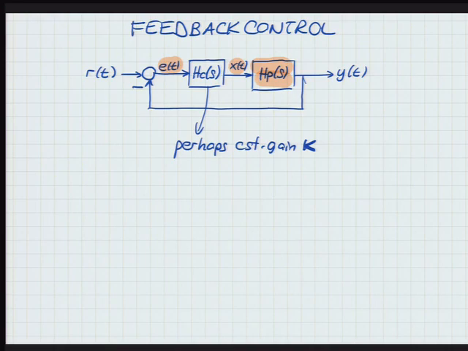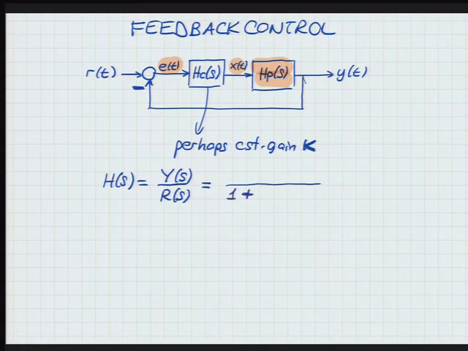So if I look at the transfer function from the reference to the output, which of course is the ratio of the Laplace transform of the output to the Laplace transform of the reference, let's see how many of you remember. What goes in the numerator? Hint, when there is a negative sign here, you get 1 plus something. And if this was positive, it would have been negative. But anyway, so this is negative feedback.